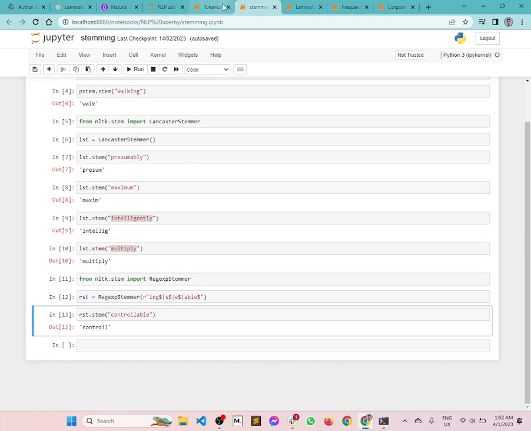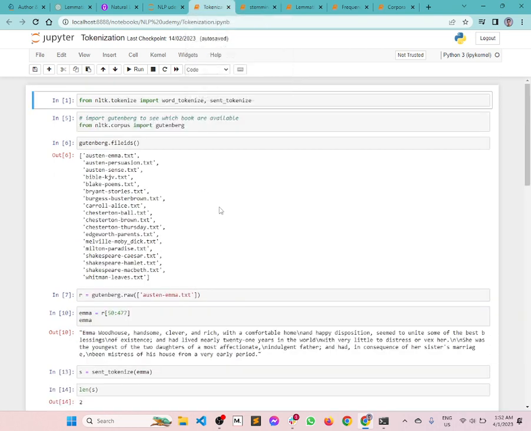And then the final one is tokenization. A word in natural language processing is actually called a token. So from nltk.tokenize we import word_tokenize and sent_tokenize. First of all we get the sentence, then we transfer the sentence into the particular words.